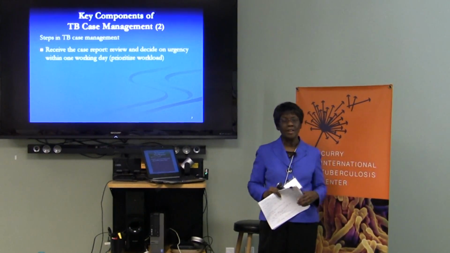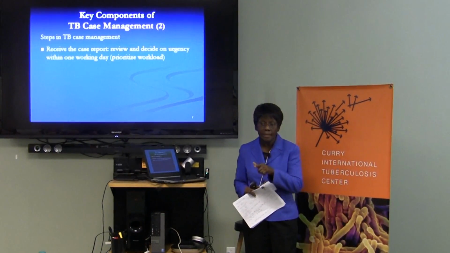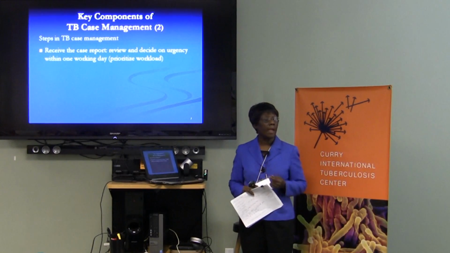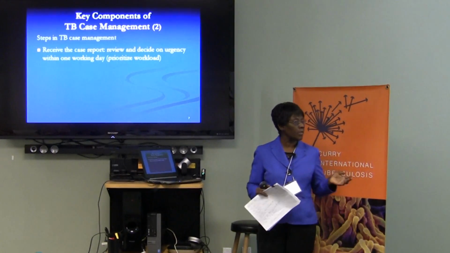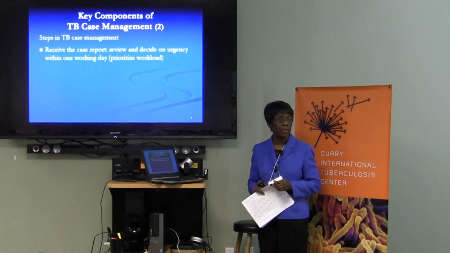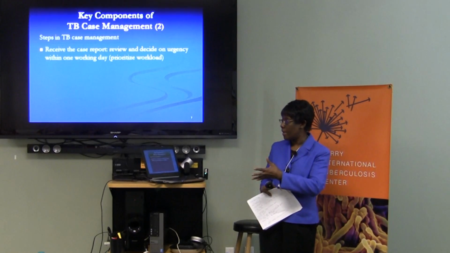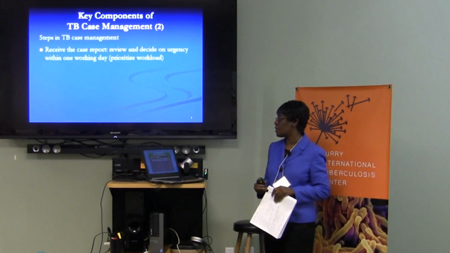Smear status, right? What else might relate to infectiousness besides the smear? Symptoms, as well as do they have cavitary disease? Okay, what else makes this an urgent referral? The clinical, but what else? High risk setting, where are they? Where are they going? All of those things should be taken into account.